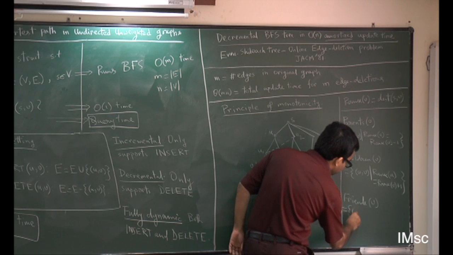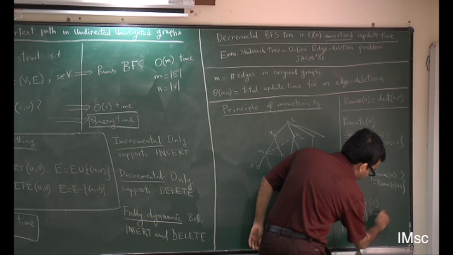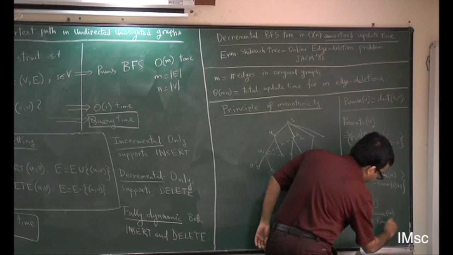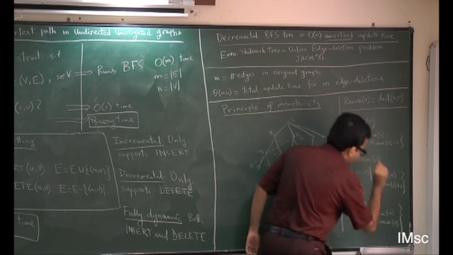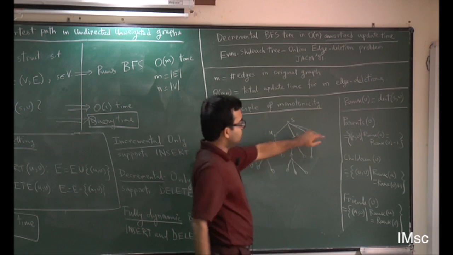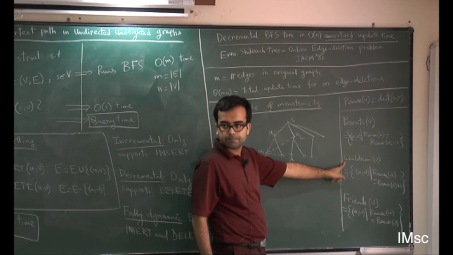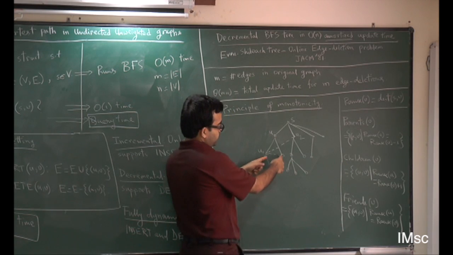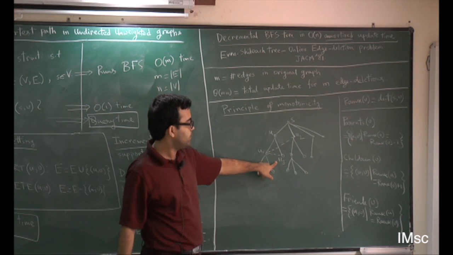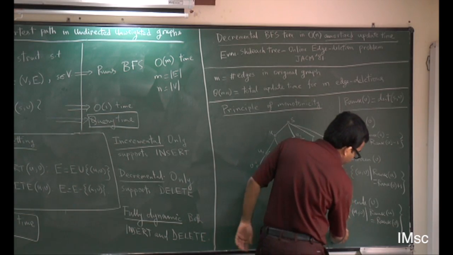These are the edges whose other endpoints are at the same level. So this edge u1, u2 will be part of parents of u1 and children of u2. On the other hand, this edge, say between u1 and u3, will be part of friends of u1 and friends of u3. So this is just going to be the data structure that we will maintain.